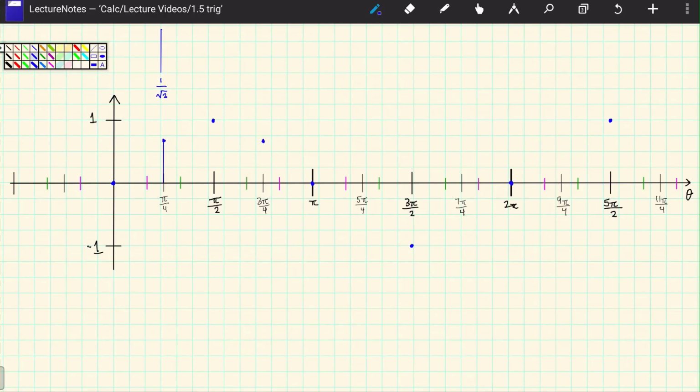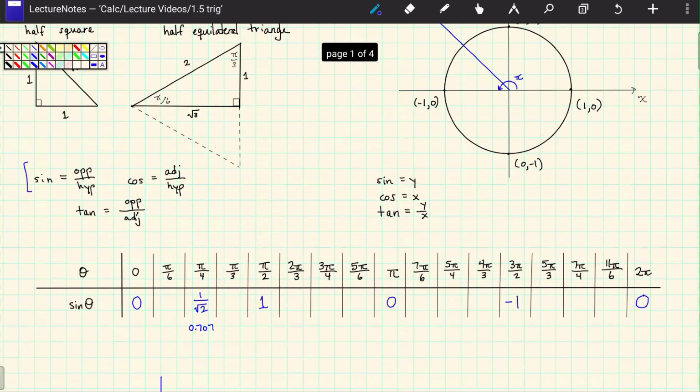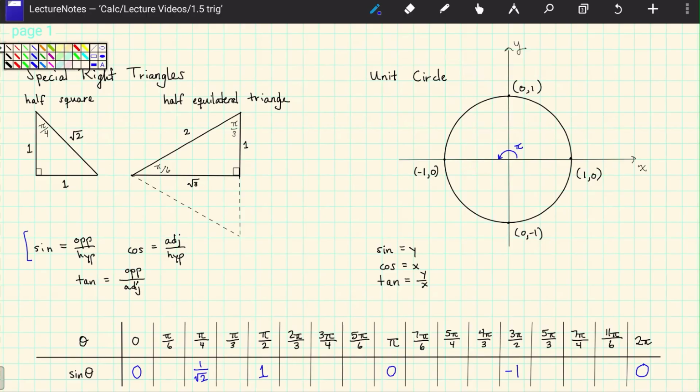And then at angle 5 pi over 4, let's bring that back here. At angle 5 pi over 4, let me actually put all of my pi over 4 angles there. Okay, I'm using the grid and the diagonals along the grid. So here's 1 pi over 4, 2 pi over 4, 3 pi over 4, 4 pi over 4, 5 pi over 4. And if I look at the height, the y coordinate of that point, it's going to be a negative 1 over square root of 2.